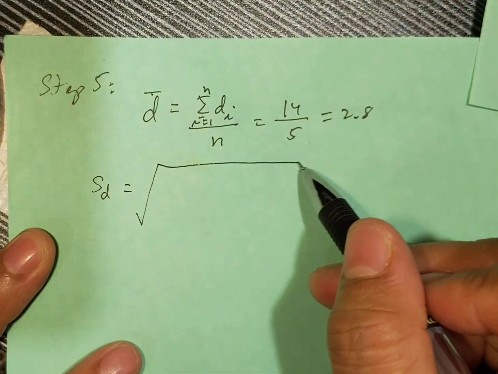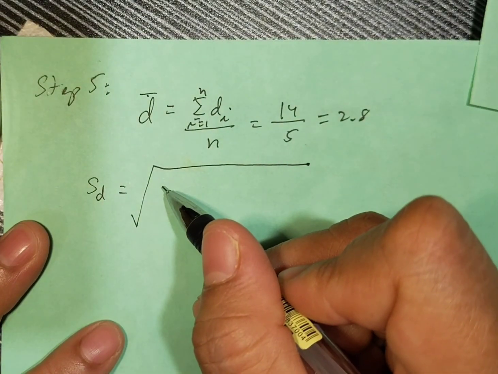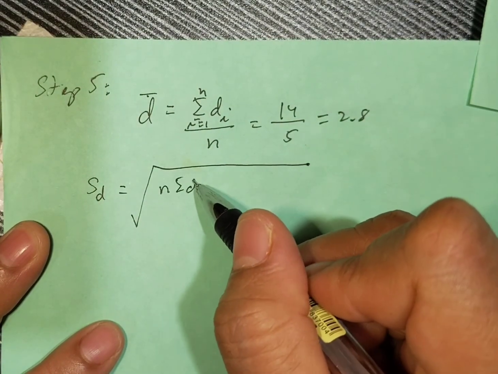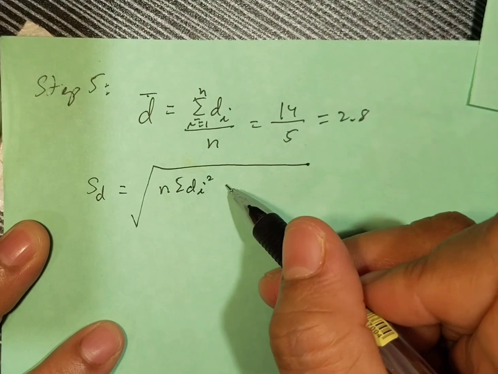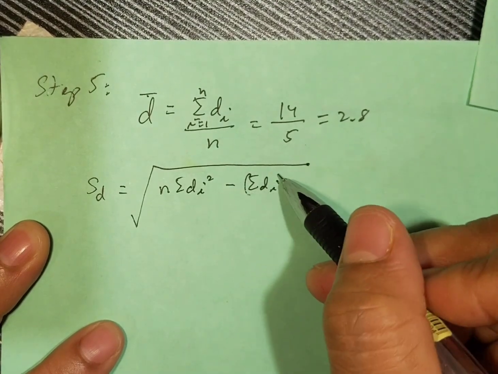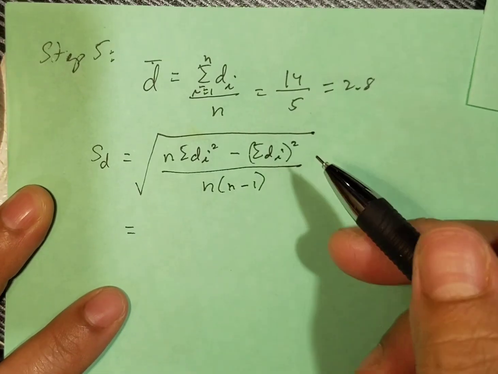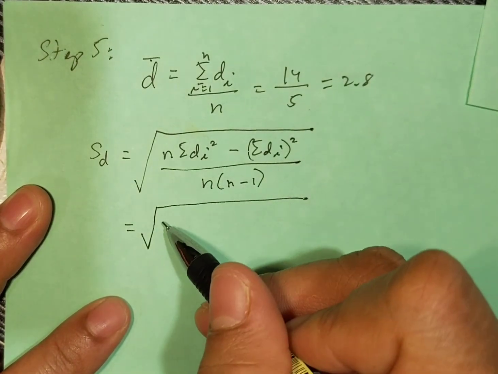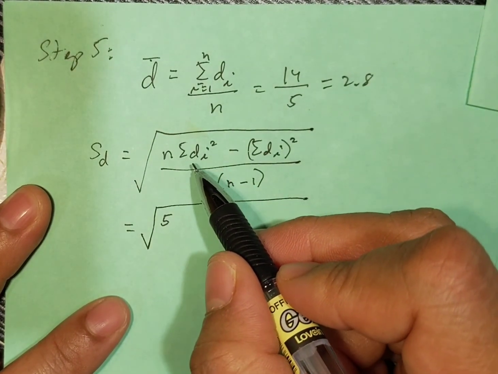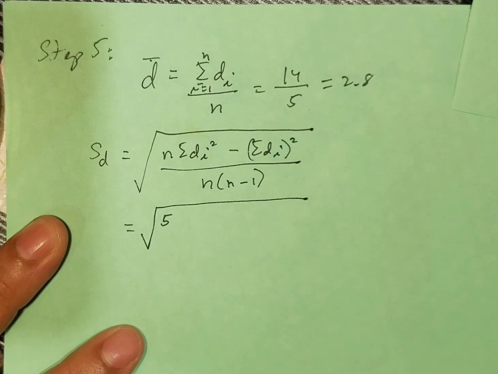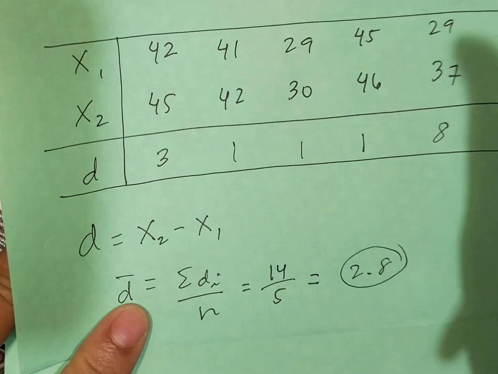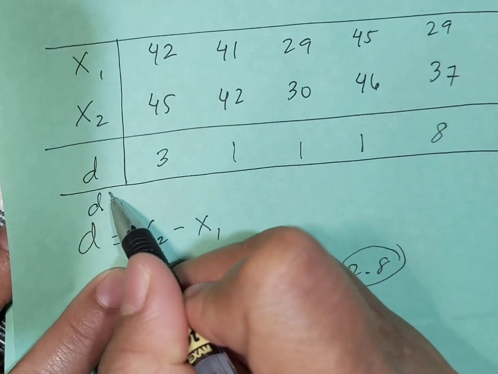Now the standard deviation is equal to this. Okay, we have n times summation of d sub i squared minus summation of d sub i quantity squared, over n times n minus 1. Your n is 5. Now how do you get the summation of the square of the difference? So let's add an additional row here where we have the d squared.